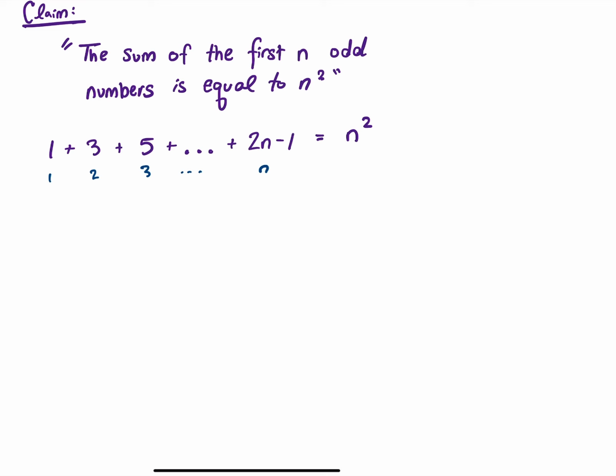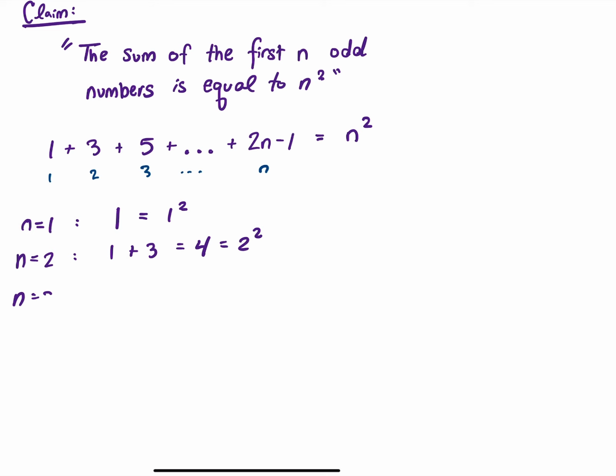Well, we could start by trying a few samples. When n equals 1, that would just be 1, and that's equal to 1 squared. That one's simple enough. When n equals 2, that's the sum of the first two odd numbers, so 1 plus 3 is 4, which is 2 squared.